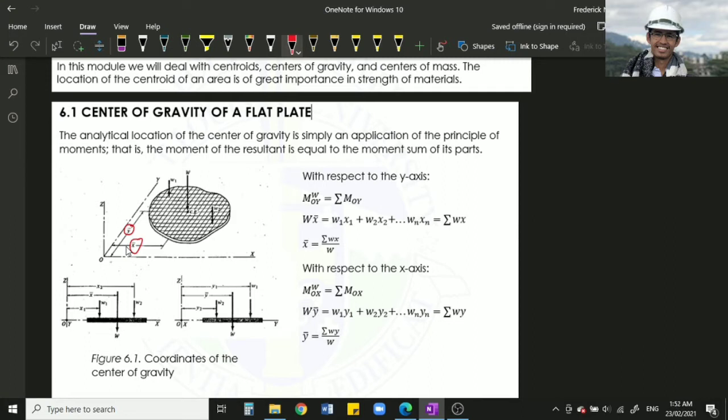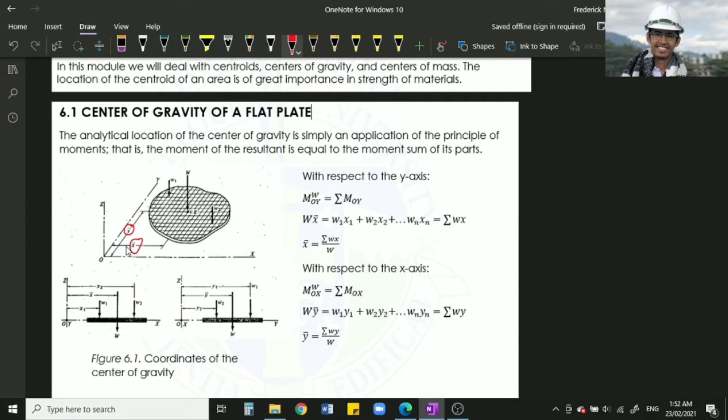First, with respect to the y-axis muna. That will be the weight times our bar x. With respect to the y-axis, dapat perpendicular, so yung perpendicular distance niya, that will be bar x. Okay? Is equal to the summation ng parts ng ating plate, which is W1 times X1 plus W2 times X2 and so on.